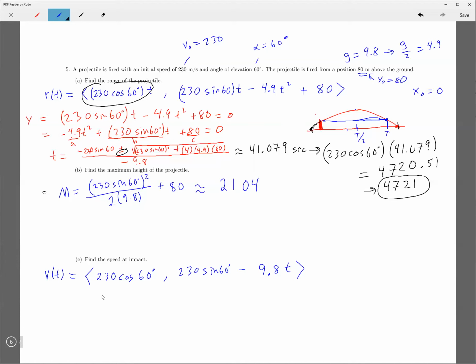So you just get that. And you want to know the time at impact, which is 41 something, so 41.0479.